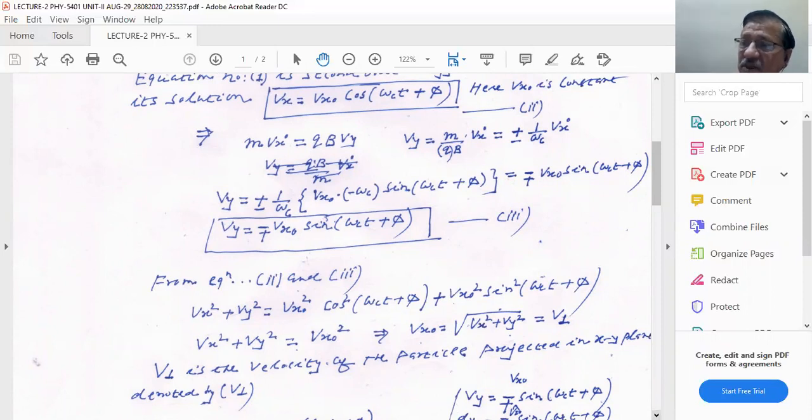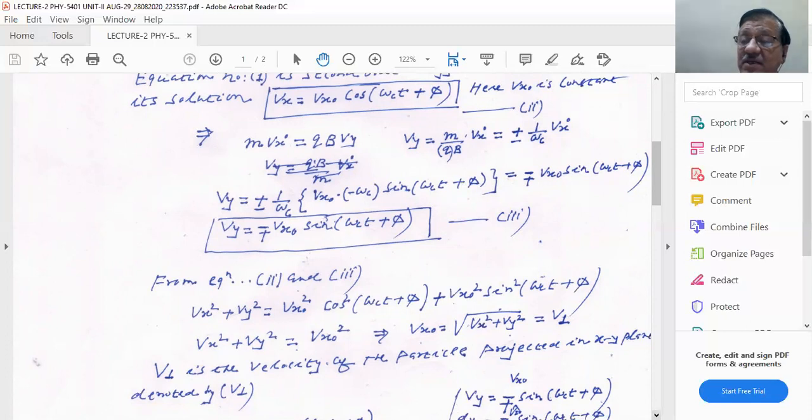But suppose you assume that the initial velocity vz0 is 0. That means the particle has only two components, the x component and the y component. In that case, you will have Vx and Vy.